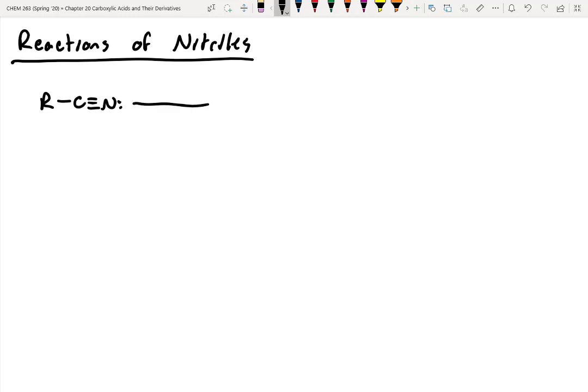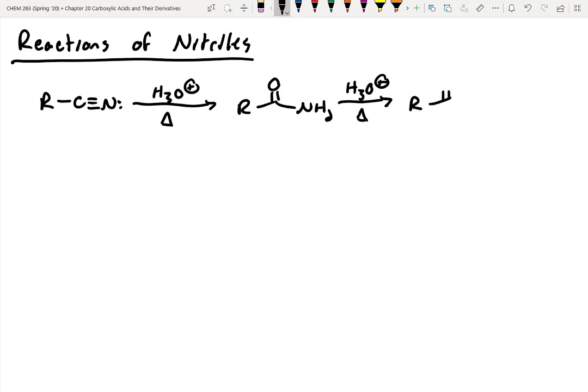And that's where if you treat a nitrile with dilute acid and heat, what you'll do is you'll quickly interconvert this to an amide. And then once you're at the amide, you can continue pushing all the way to a carboxylic acid and your ammonium ion.